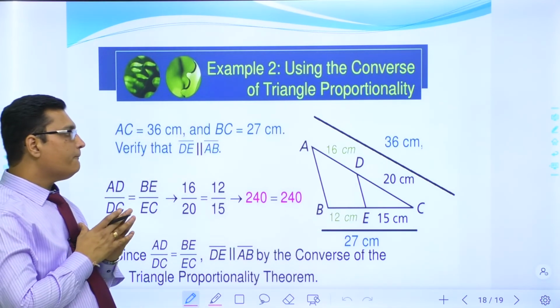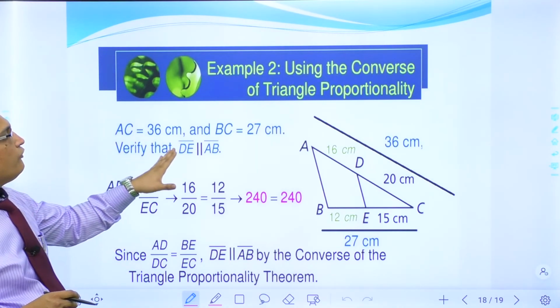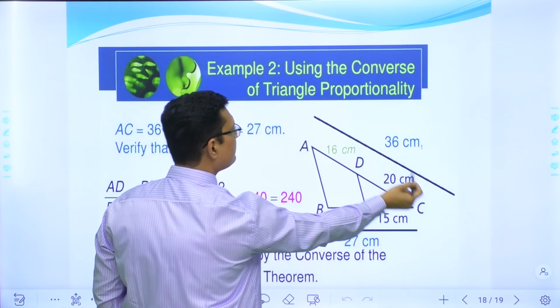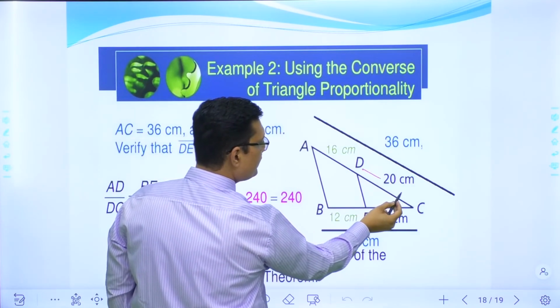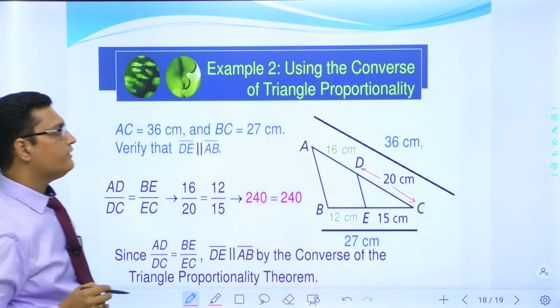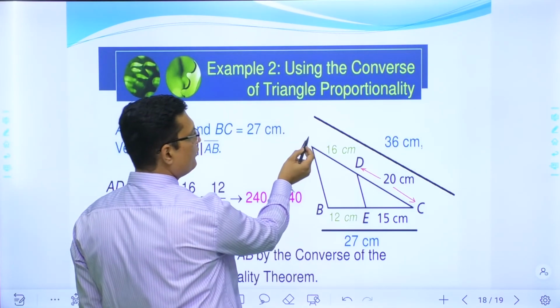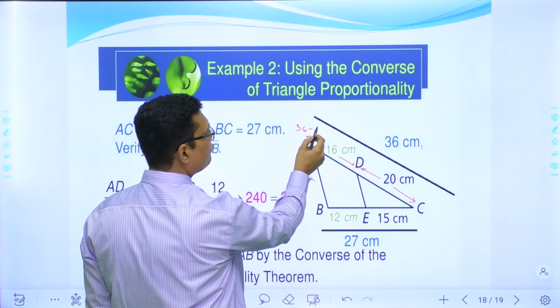Now, for proving this, what we should do is see what is given in the question. This total 36 is given, and DC is given 20 centimeter. So first we will find AD. How we will find AD? 36 minus 20.